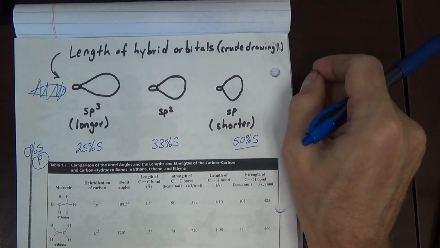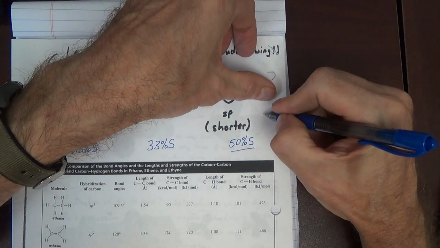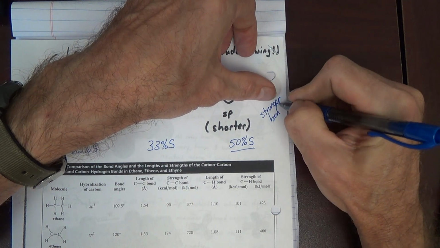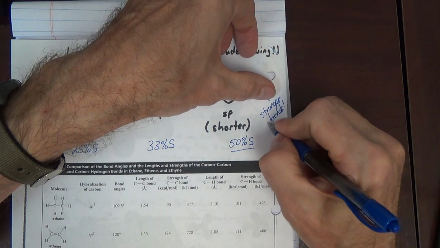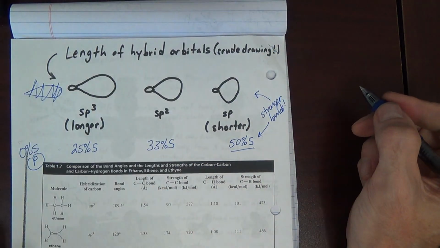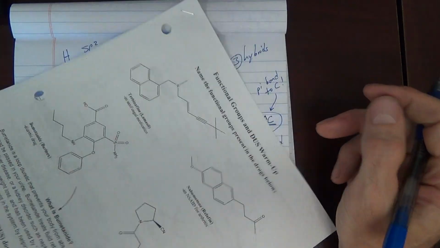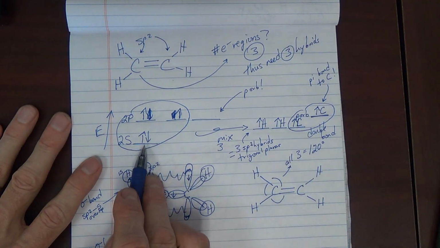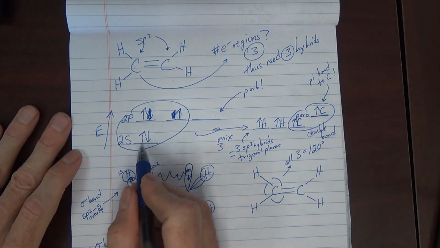All right? Your sp makes stronger bonds, because it's more s character. Back over here. Which electrons are more stable? Those in p or s? Well, those in s. They're lower in energy.